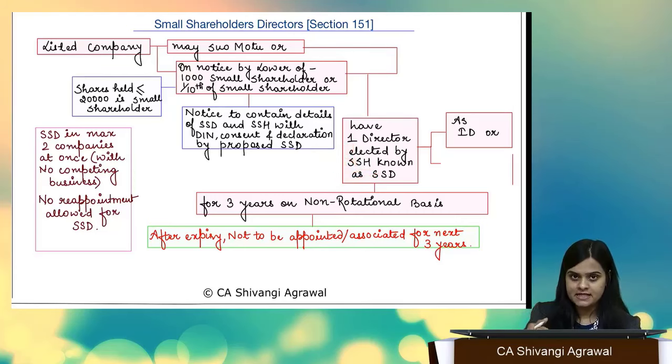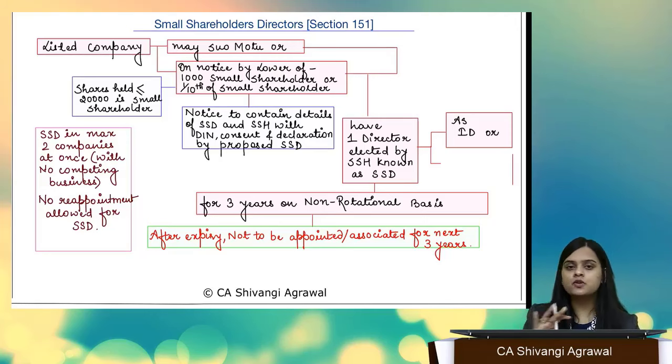So they meet. Only their meeting happens, and in their meeting by majority votes such a person is elected who is going to be non-rotational, who is going to be independent. So he also has to meet the criteria of independence, section 149(6), and he also has to give a declaration in that regard.